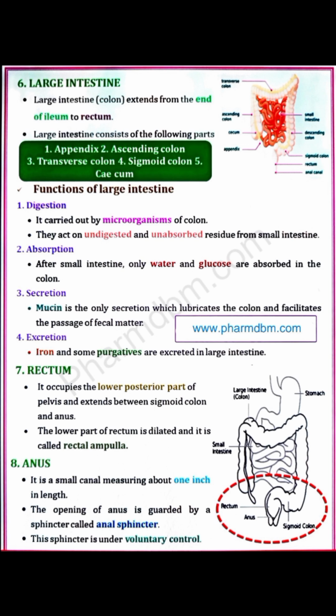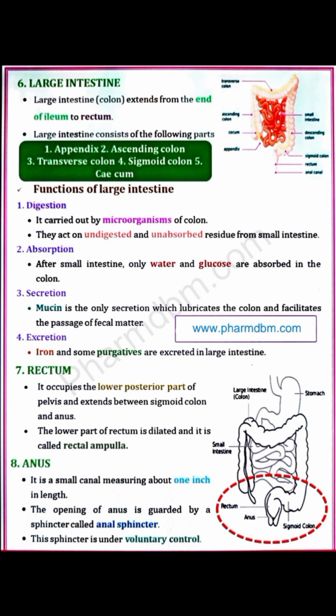They act on undigested and unabsorbed residue from the small intestine. Absorption. After the small intestine, only water and glucose are absorbed in the colon. Third one, secretion. Mucin is the only secretion which lubricates the colon and facilitates the passage of fecal matter. Excretion. Iron and some purgatives are excreted in the large intestine.